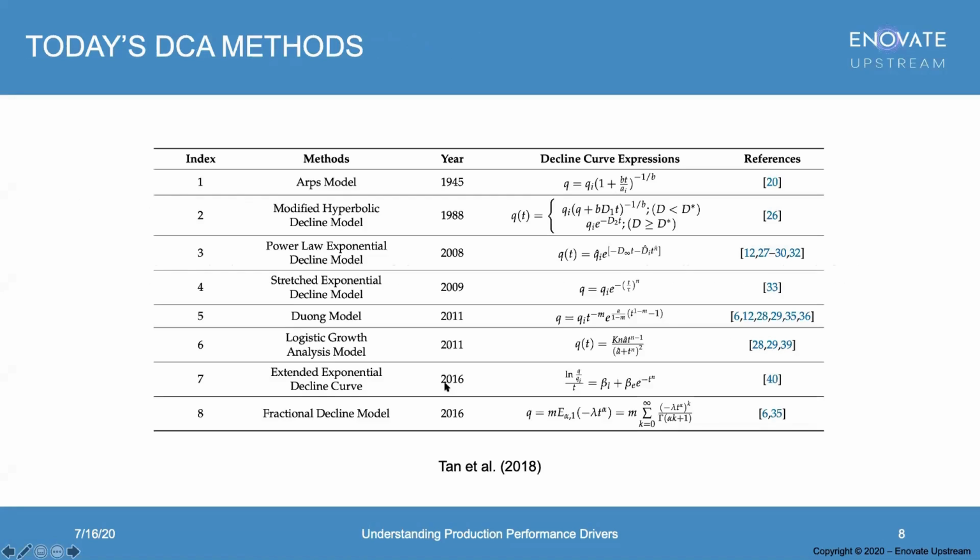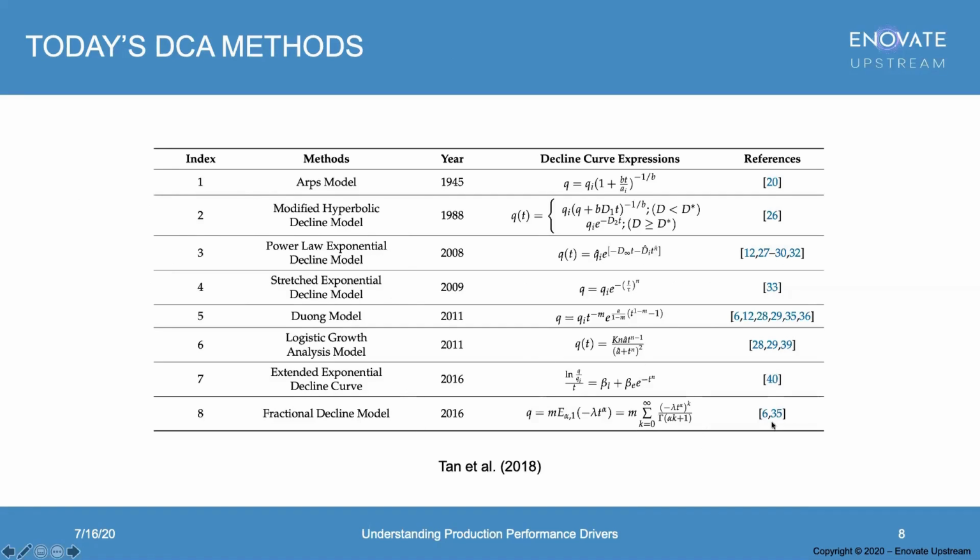But this is not the only model. This was just the start of an entire family of mathematical expressions that allow you to curve fit your data. It's nothing but that. Arps was the precursor of all of those models. We have the modified hyperbolic decline, the power law, stretched exponential, and so on.